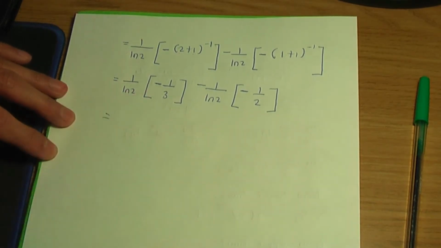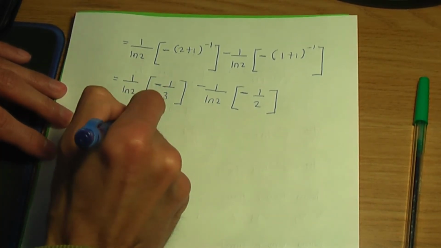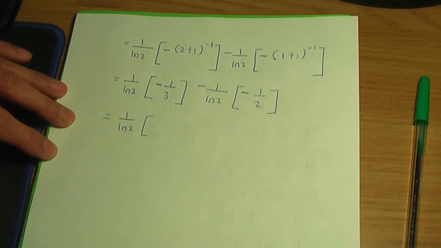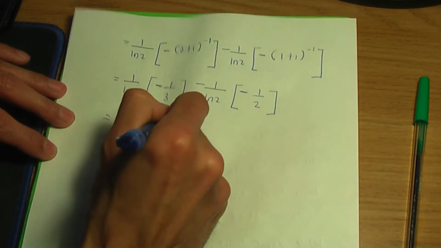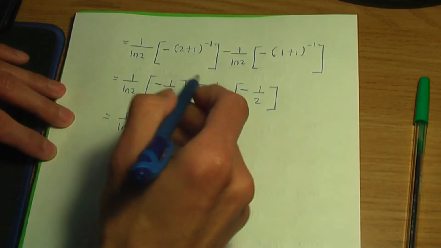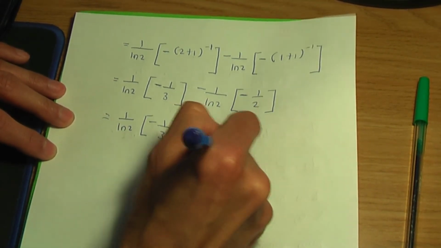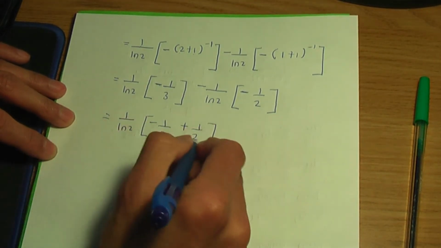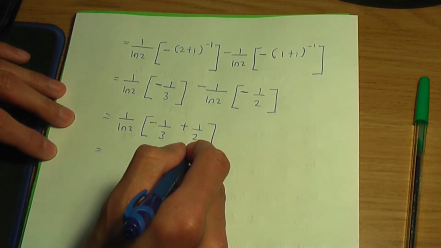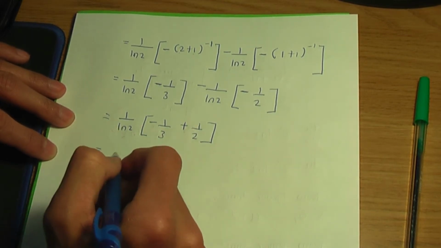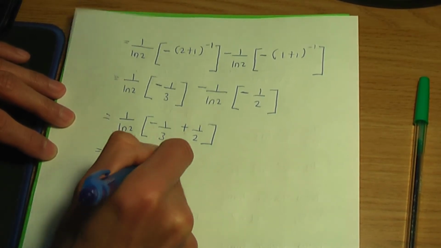So what I'm going to do now is, if I factorise, if I take a common factor of 1 over ln 2, I'm left with minus 1 over 3, minus into minus is a plus 1 over 2, and I can simplify this bracket, so minus 1 over 3 plus a half is 1 over 6 times 1 over ln 2 outside is 1 over 6 ln 2.